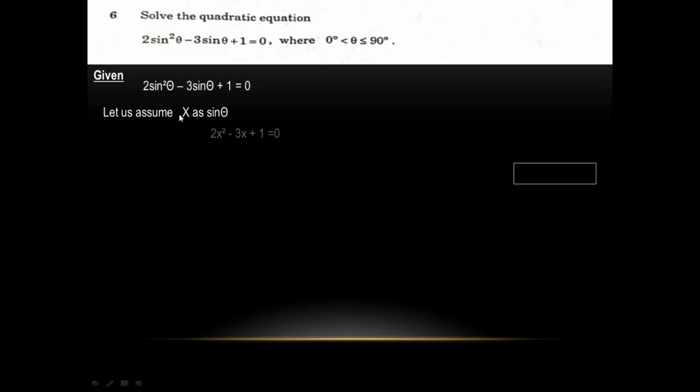So let us assume x as sine theta. Substitute x in place of sine theta. We get 2x square minus 3x plus 1 is equal to 0.